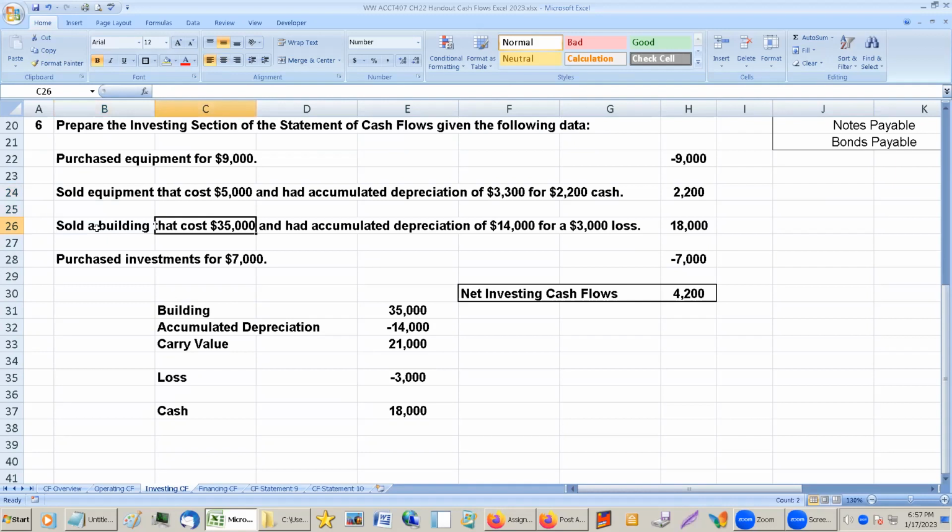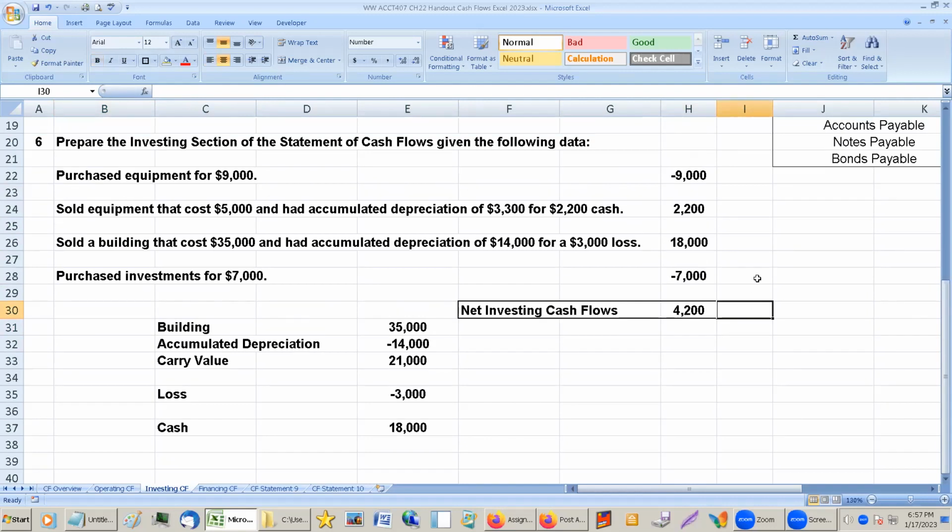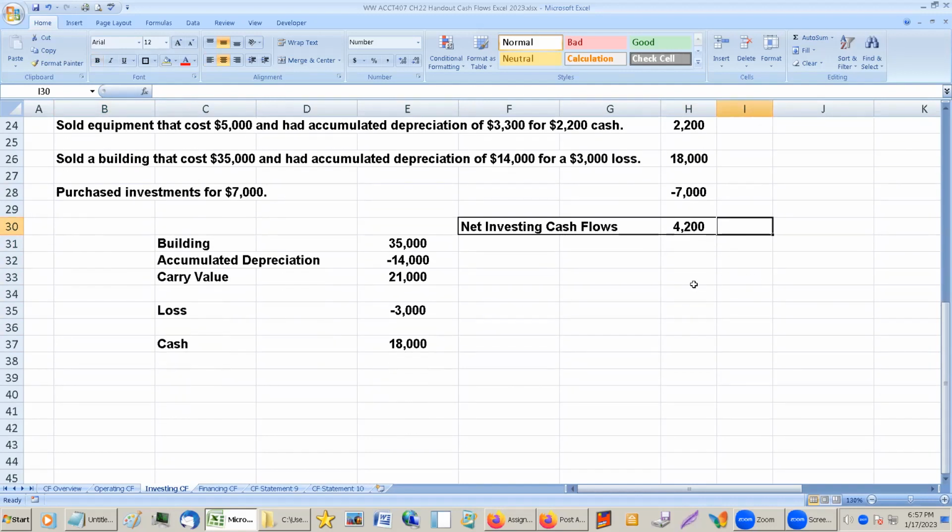So they're selling off things. It looks like they took the money and reinvested some of it anyways. So if it's positive, they probably have a good valid reason for doing it. I'm not saying that they don't have a valid reason, but a lot of times if they're shrinking, this is what it looks like.